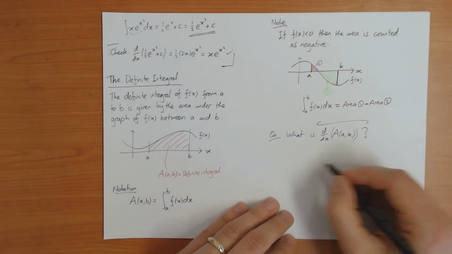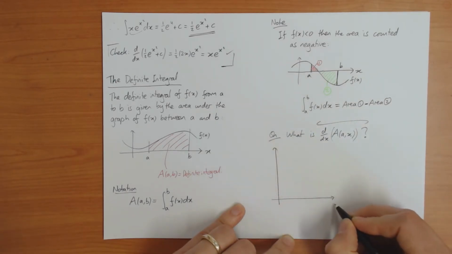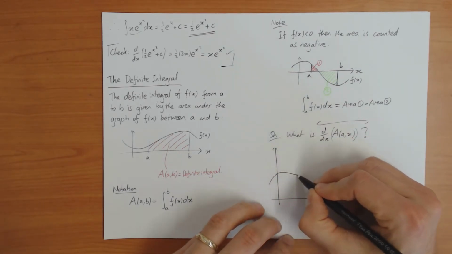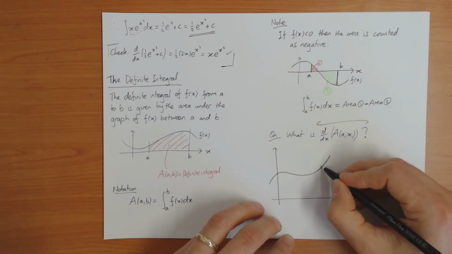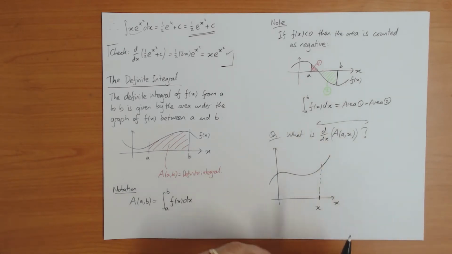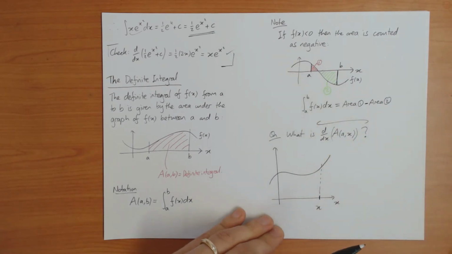Okay, so let's see this on a graph. Here's x, and again I'm going to draw a function, something like this, and we go up to x, let's say here. So how is the derivative defined?